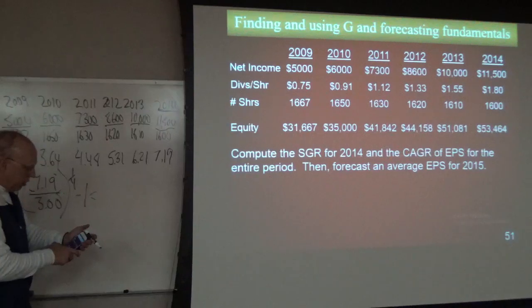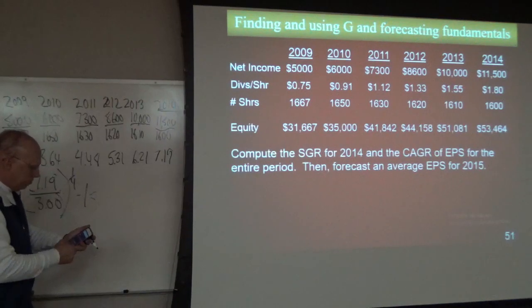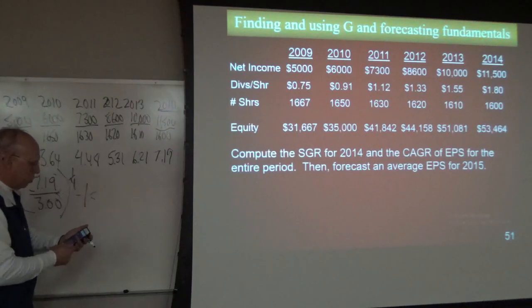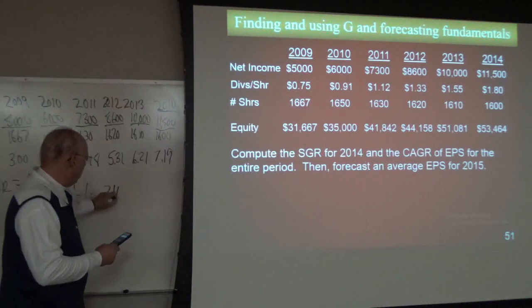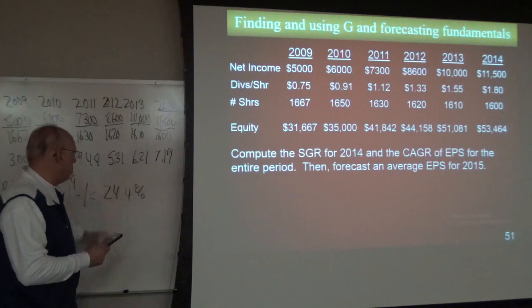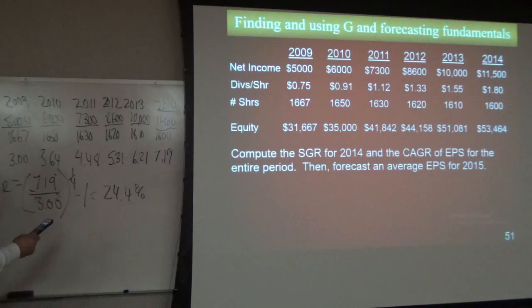So let's clear this calculator out properly, and we have 7.19 divided by 3 equals, y to the x, 4, 1 over x, equals, minus 1 equals, and we get 24.4%.